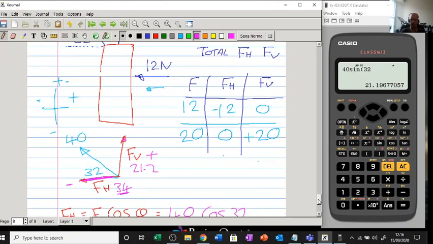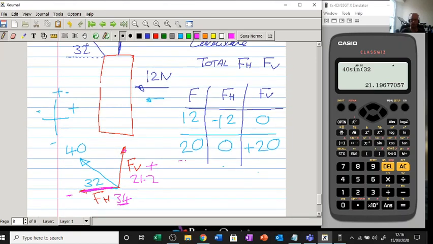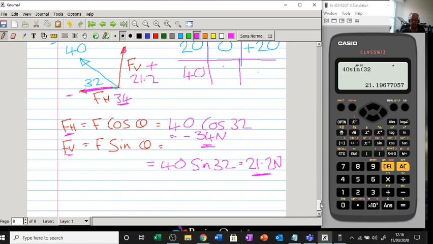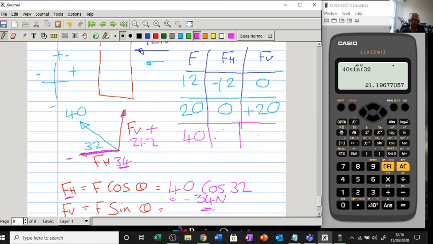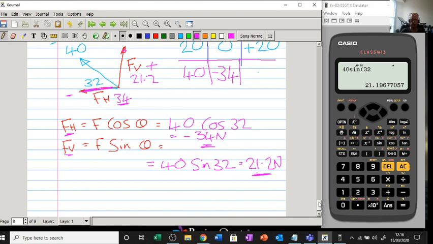So we need to add them up. So I'm going to put 40 in here. There's my 40, because we're talking about this force. The horizontal component of that is 34. Minus 34 though, don't forget. And the vertical component of that is 21.2. It's going up.